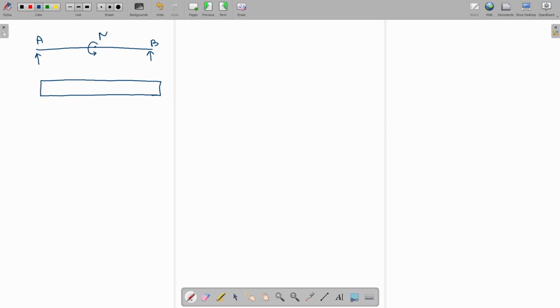Say this is the moment M, and the length is L. This is M by L, the reaction is M by L.